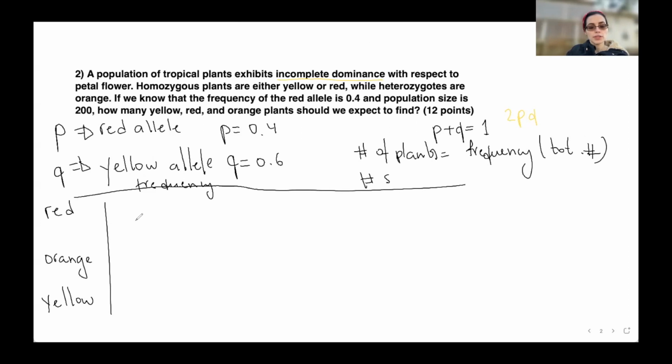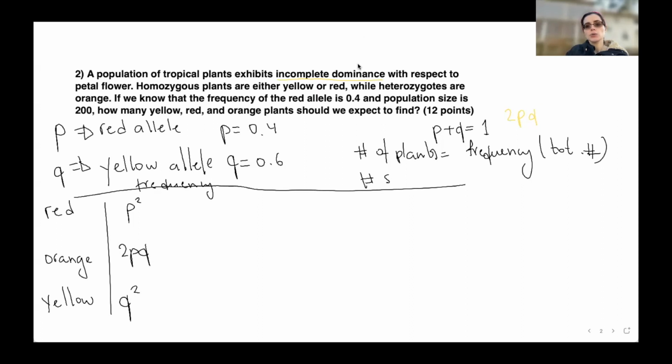Okay, so the frequency for red would be p squared, right? Because that's the frequency of a homozygous dominant. The frequency of orange would be 2pq. That's the frequency of the heterozygous genotype. And the frequency of yellow would be q squared.